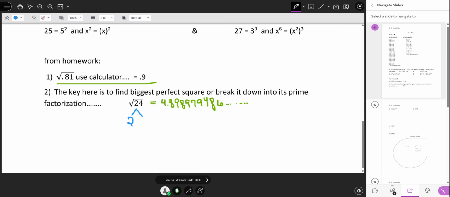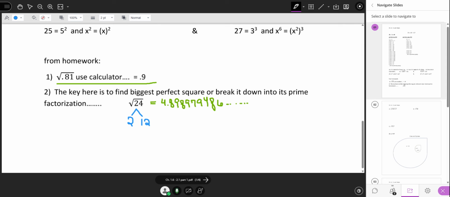24 is 2 times 12. Don't just throw any number on the left. Throw a prime number on the left. So be careful about watching your videos, because some people will throw a composite number like 6 on the left.